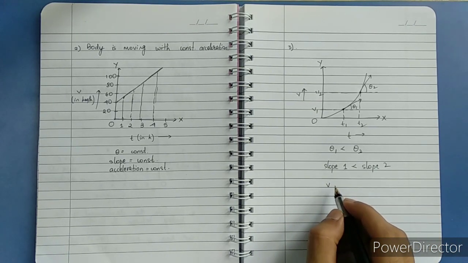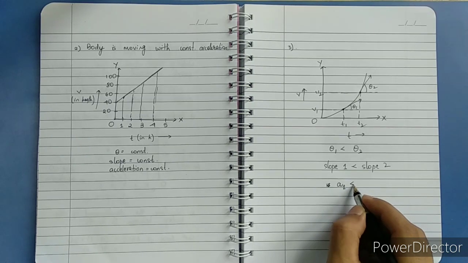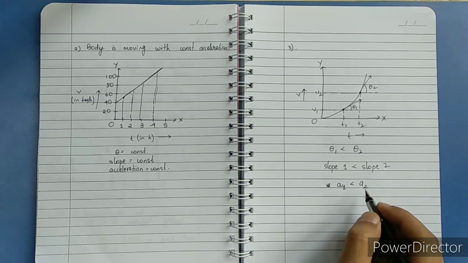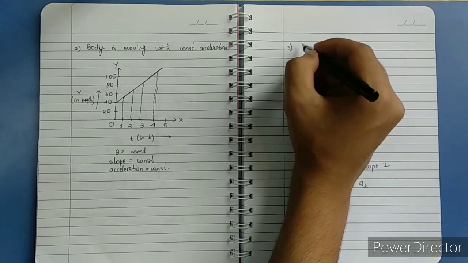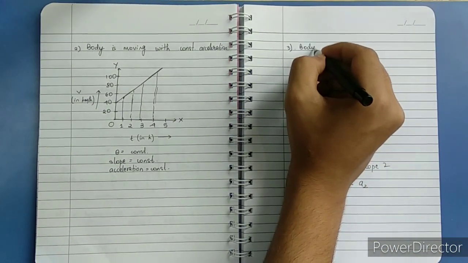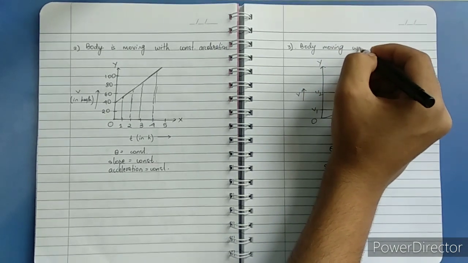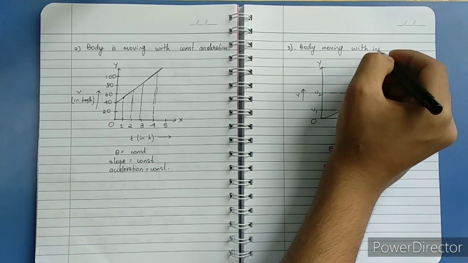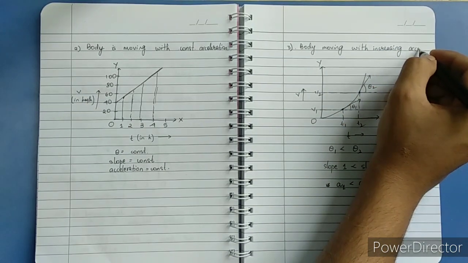Slope here represents acceleration, so a1 will be less than a2. So as acceleration is increasing, the body is moving with increasing acceleration.